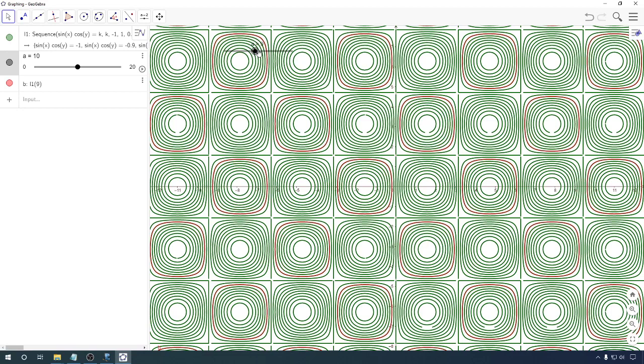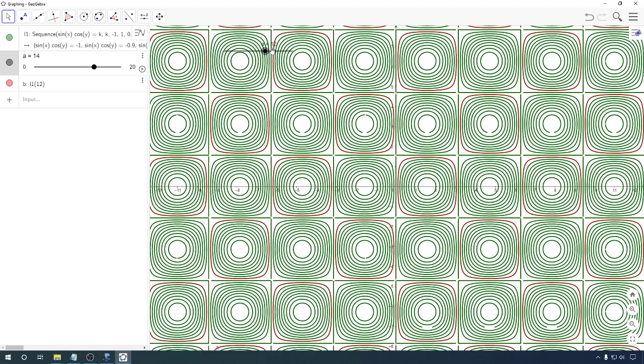As I increase, I eventually hit 0. So when the 11th one in the list apparently is where sine of x cosine of y equals 0, and that's actually the square grid that we have there.